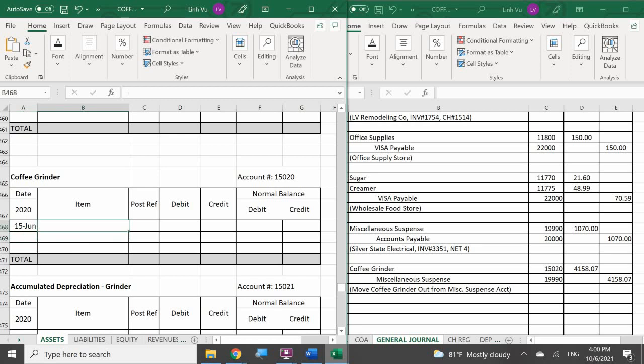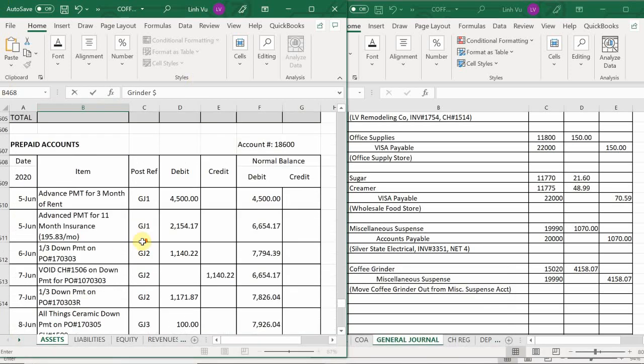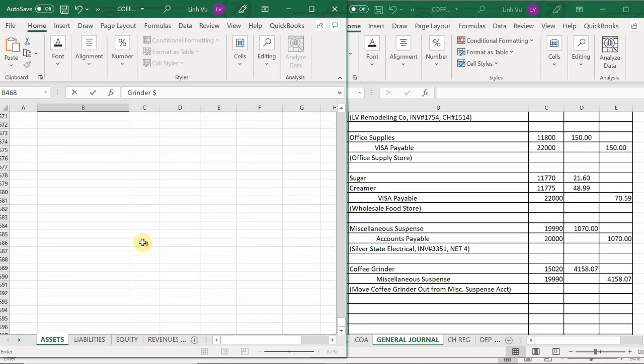So now the 15. We move from miscellaneous. So you can say grinder. For the amount, let me see what I put here.